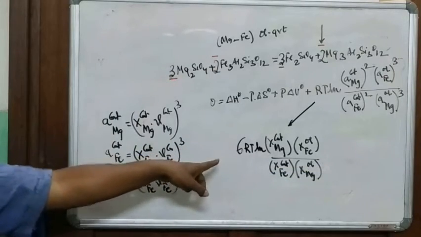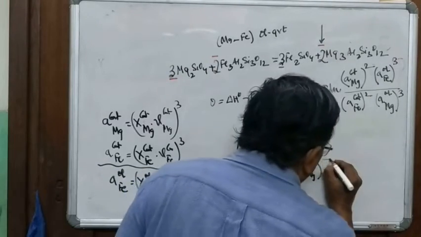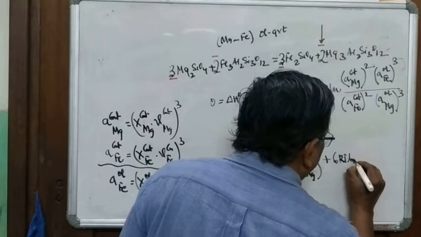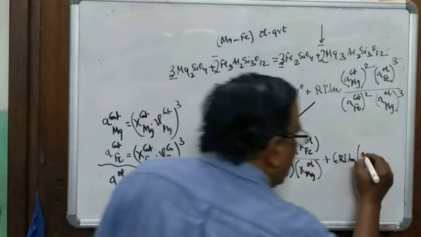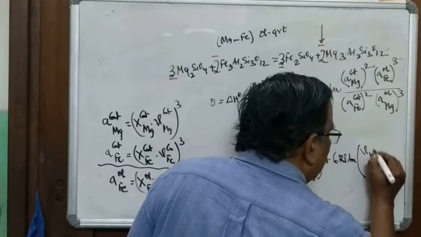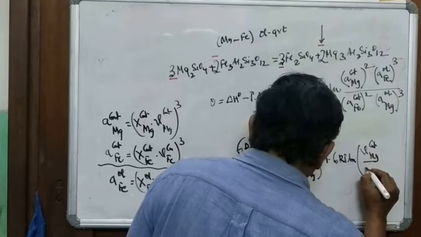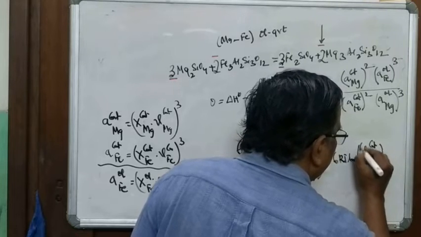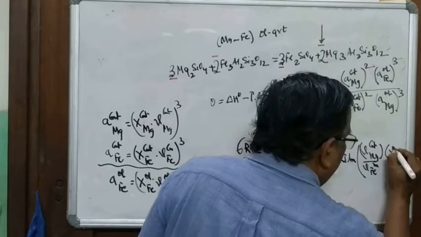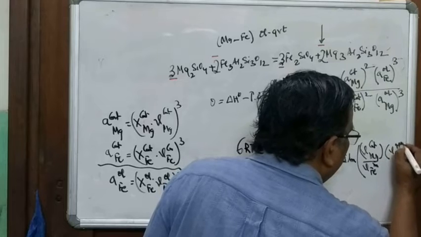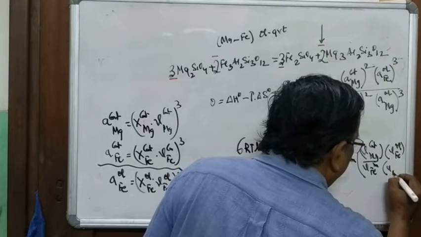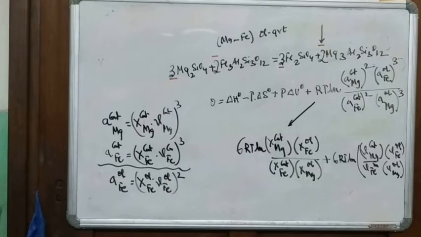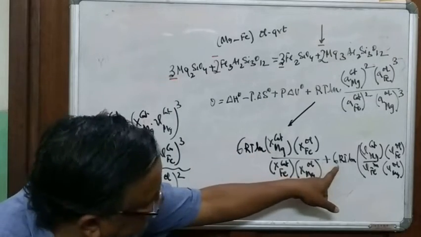So this is 6RT plus 6RT ln of gamma Mg in garnet divided by gamma Fe in garnet, and then gamma Fe in olivine and gamma Mg in olivine. That's how it is. So you see, here you get 6.